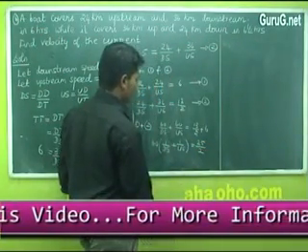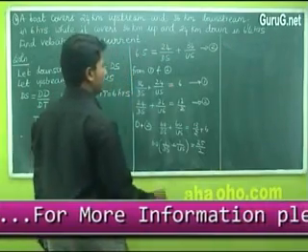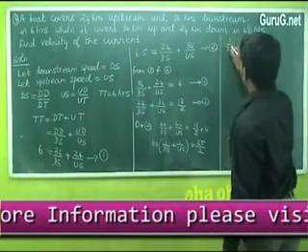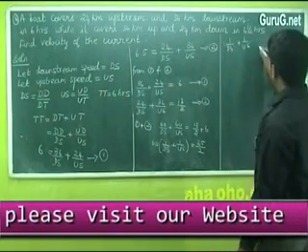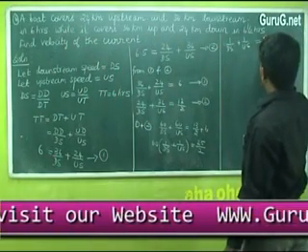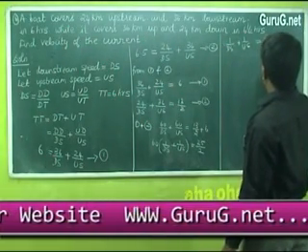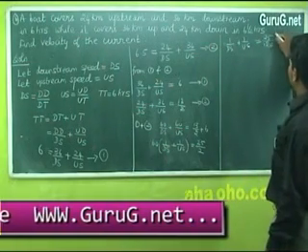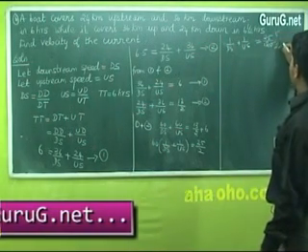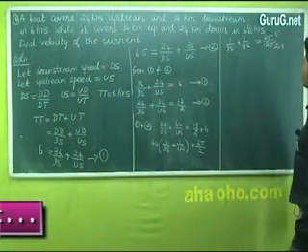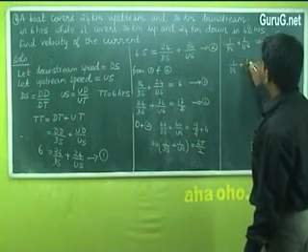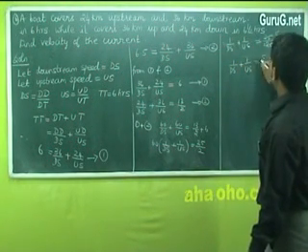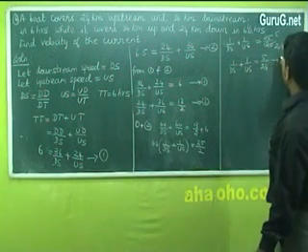That is 1 by ds plus 1 by us is equal to 25 by 120, which is 5 by 24. This is equation number 3.